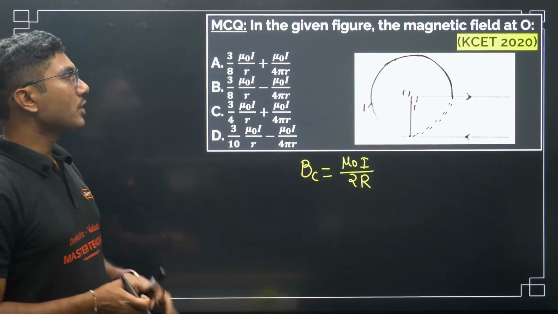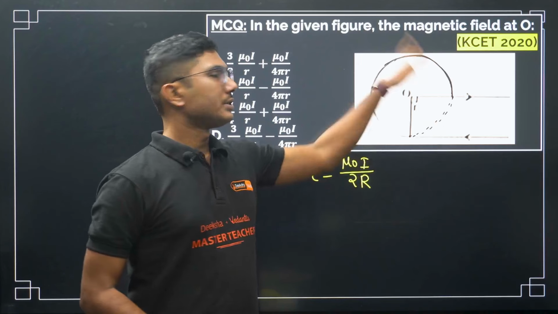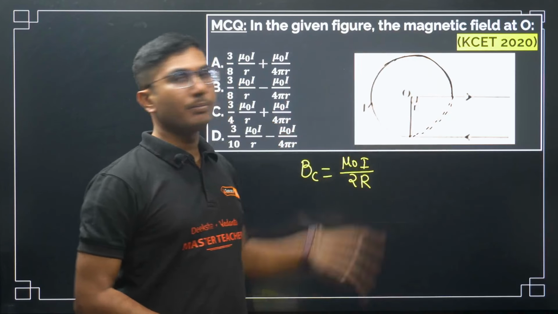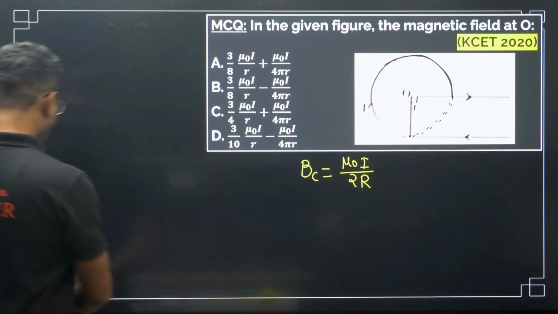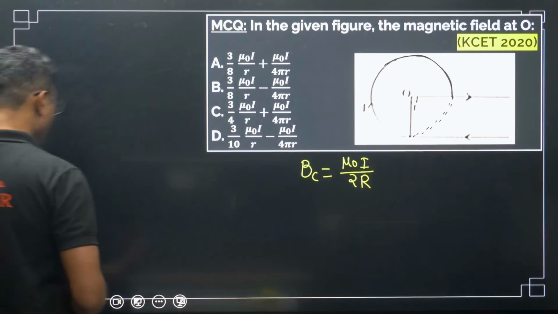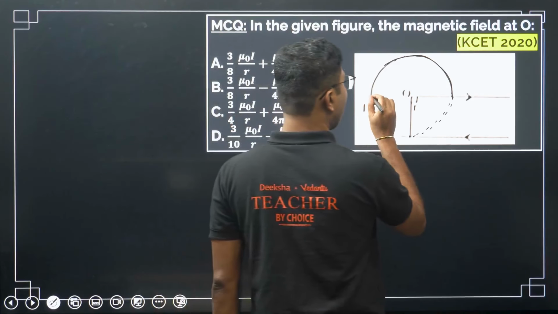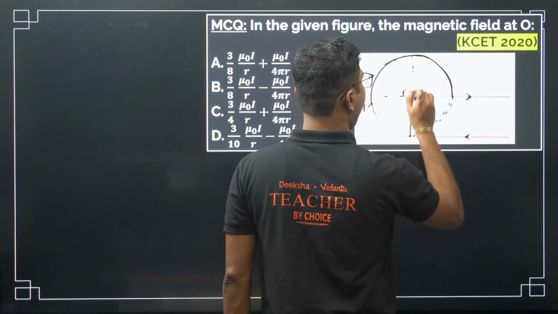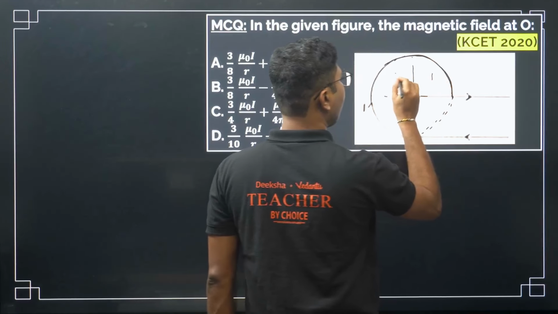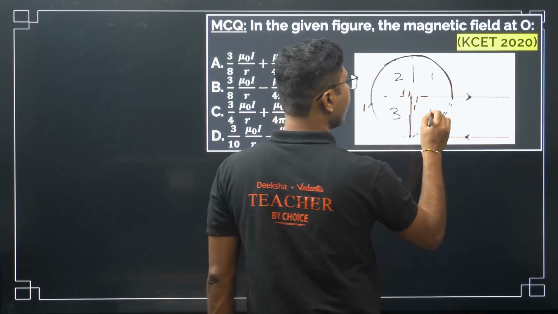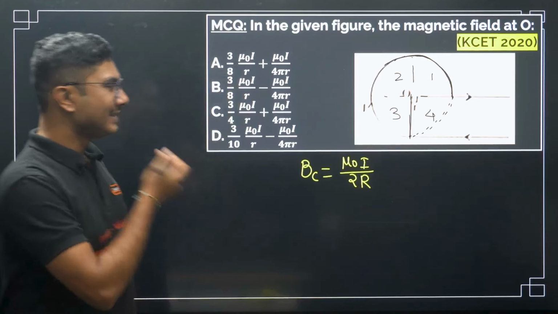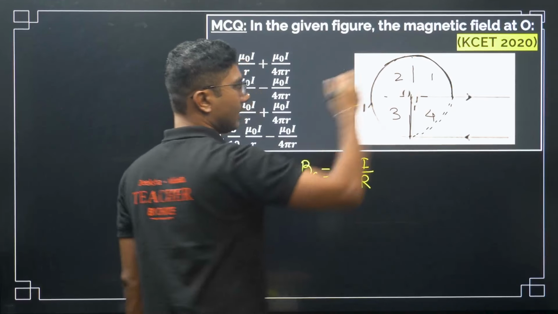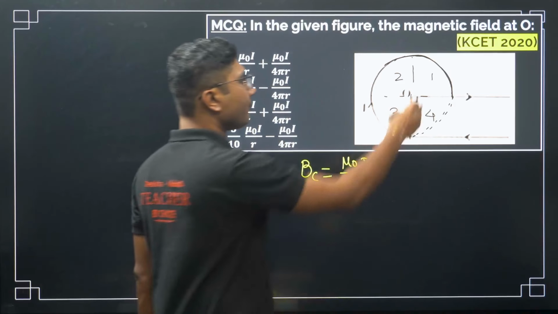Now this is due to a complete circle, but this is not a complete circle. So you can divide this circle into 4 equal parts: part 1, part 2, part 3, part 4. This is due to the entire circle, and it has 4 equal parts.